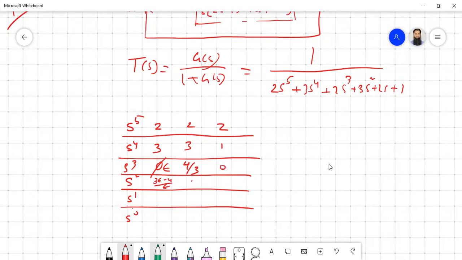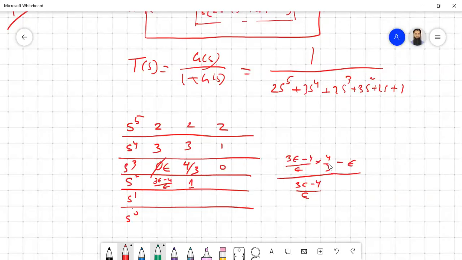And since 0 is here, so 1 will be coming here. Now, what do you have to multiply? With 3 epsilon minus 4 by epsilon into 4 by 3 divided by 3 epsilon minus 4 by epsilon. So basically, one thing we missed is minus epsilon.